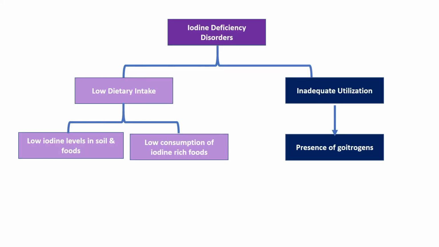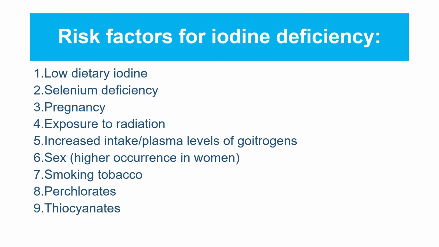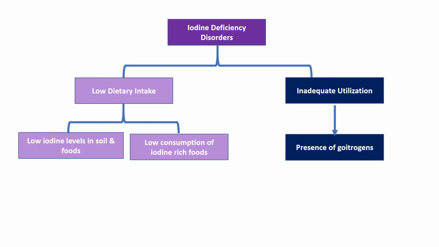So we can see the iodine deficiency disorders could be because of low dietary intake, which may be due to low iodine levels in soil and food, or low consumption of iodine rich food, or it could be because of inadequate utilization because of presence of goitrogens.